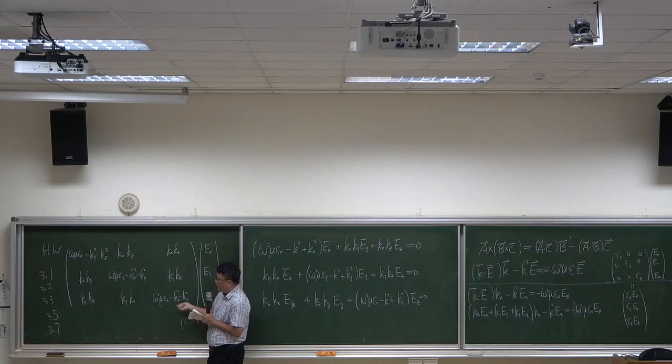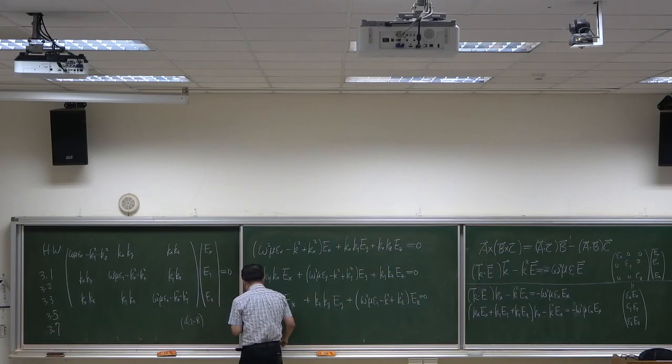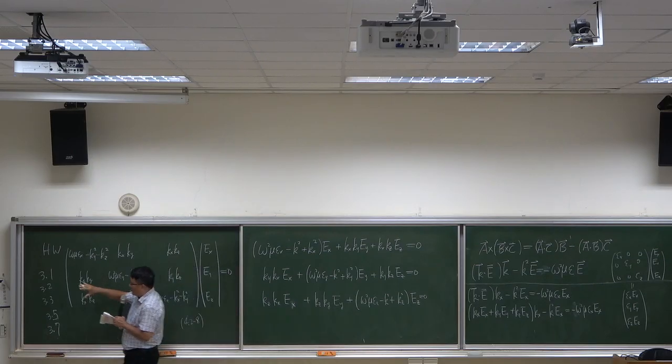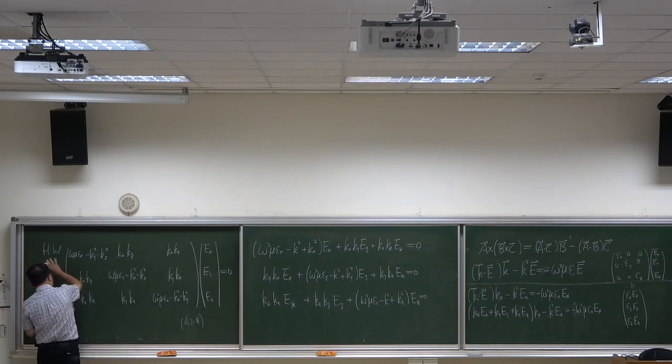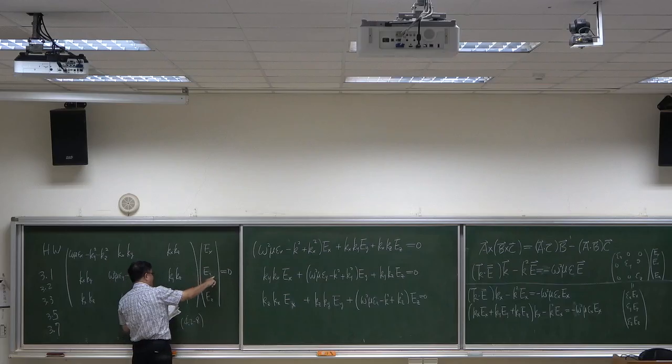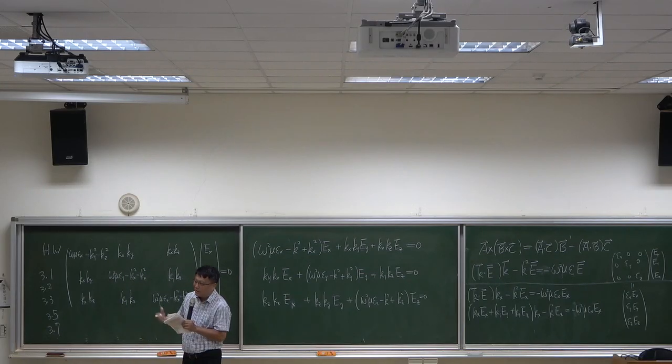So you see, now we have some kind of matrix multiplied to the E vector equal to 0. So if this matrix has an inverse matrix, then we can multiply the inverse matrix from the left-hand side to cancel this matrix, and then we will conclude that E equal to 0, which means the electric field is nothing.